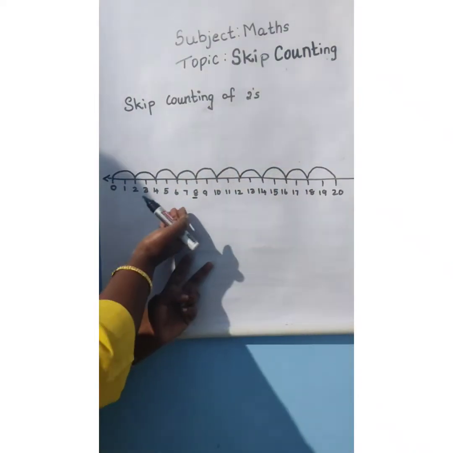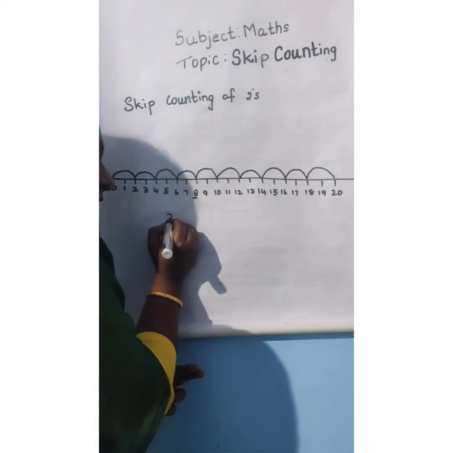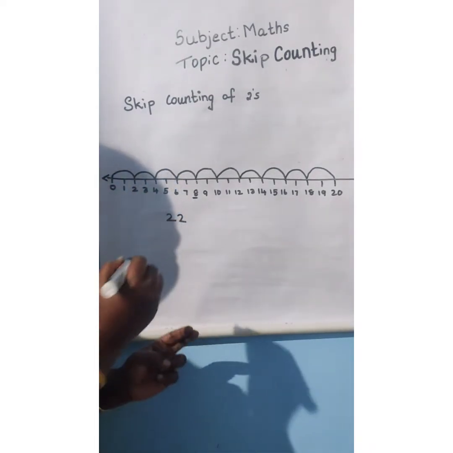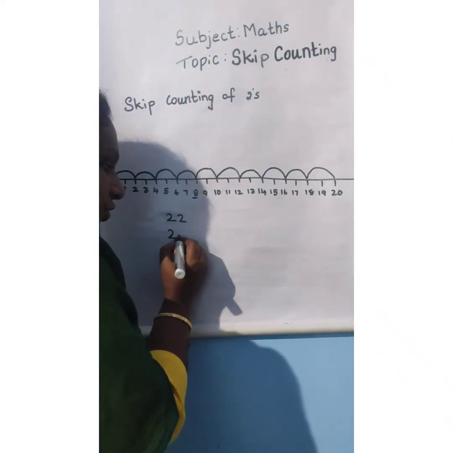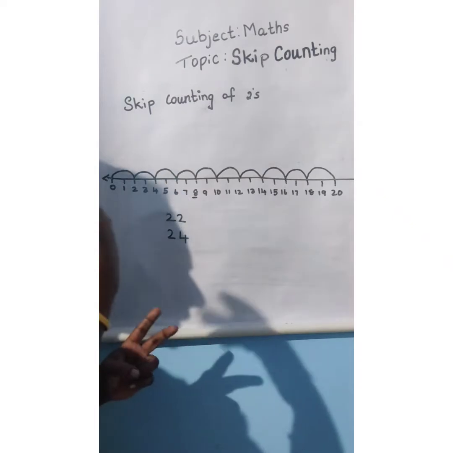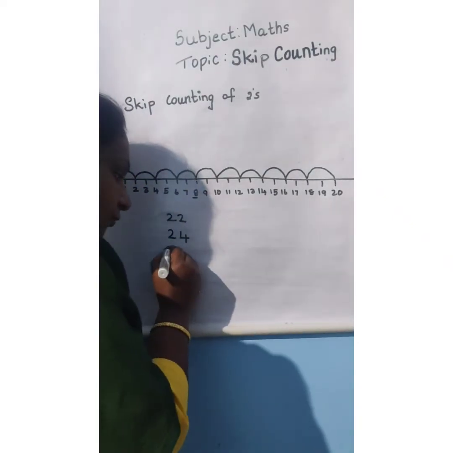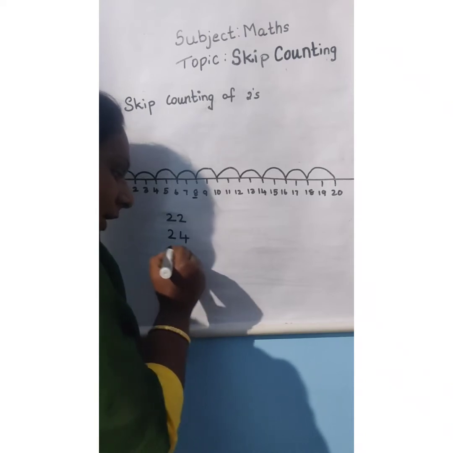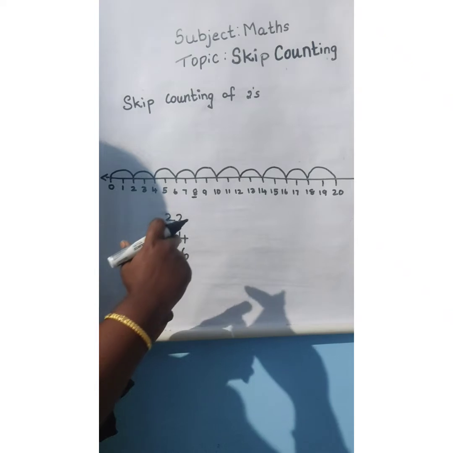Next, can you tell, we will write the number. So 21, 22. So the next is 22. Okay, the next number is 23, 24. So the next number is 24. So the next number, what will be? 25, 26. So you have to skip 2 numbers and you have to write the number. Okay, 26. Next is 27, 28.